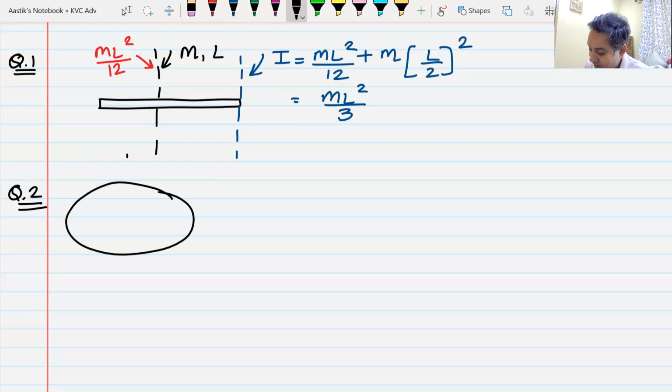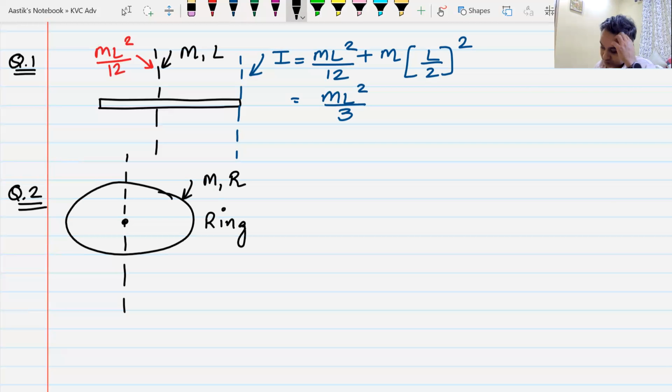Now let us say we have this ring of mass m and radius r. We know the moment of inertia about this axis. Yes or no?